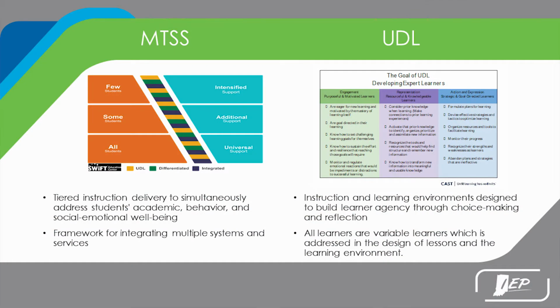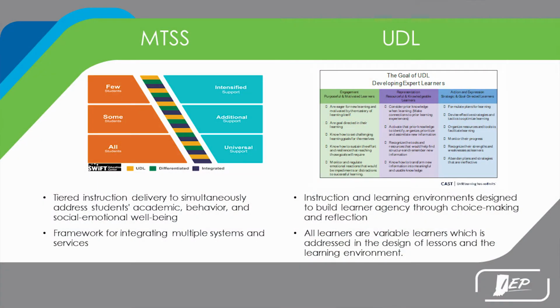Within that framework, we want to bring together not only the content areas, but also all the systems and services that we bump into in schools, and develop a unified system. So instead of having a general ed and a special ed and a Title I and an ELL service delivery system, MTSS can be leveraged in its framework to bring all of those together into one service delivery system.